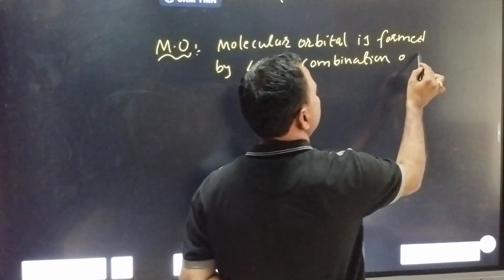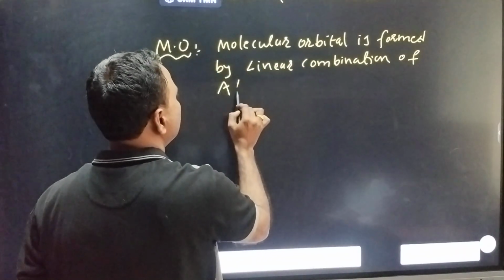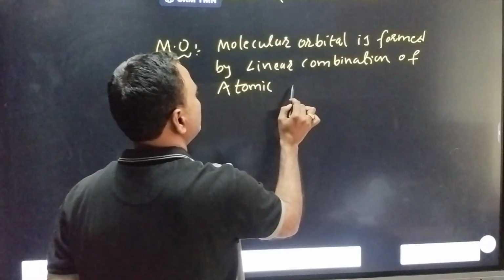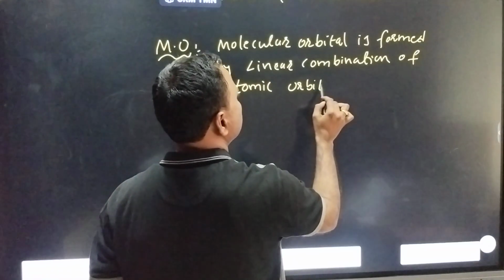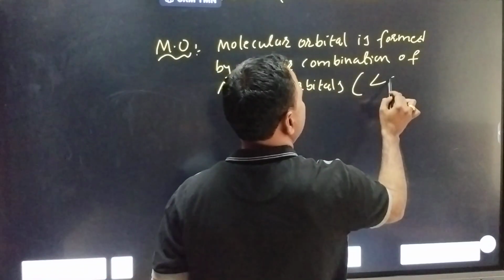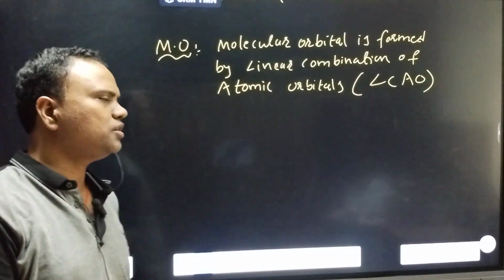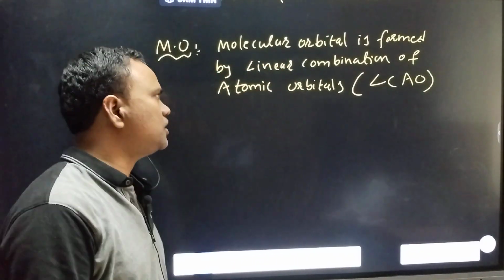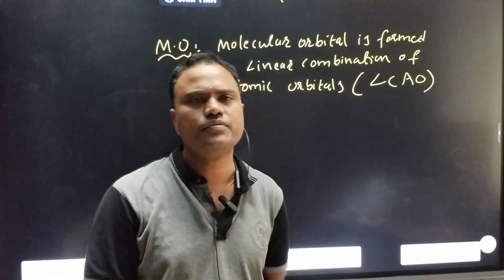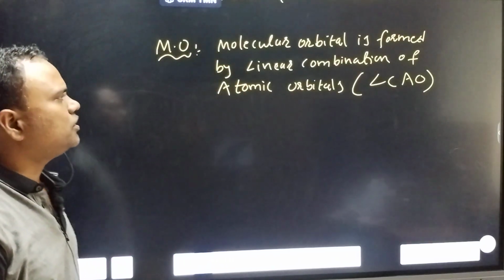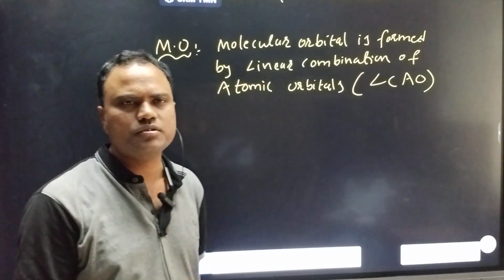This is called the LCAO method. L stands for linear, C stands for combination, A stands for atomic, O stands for orbital. Linear combination of atomic orbitals.